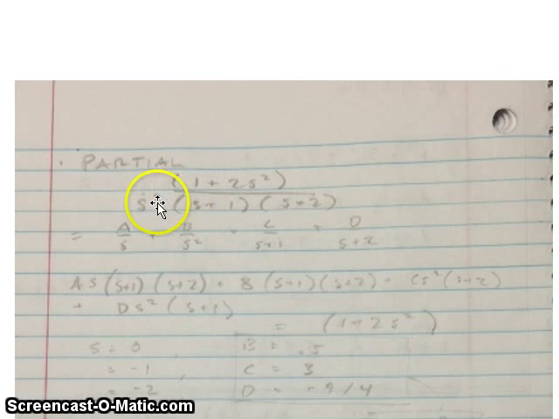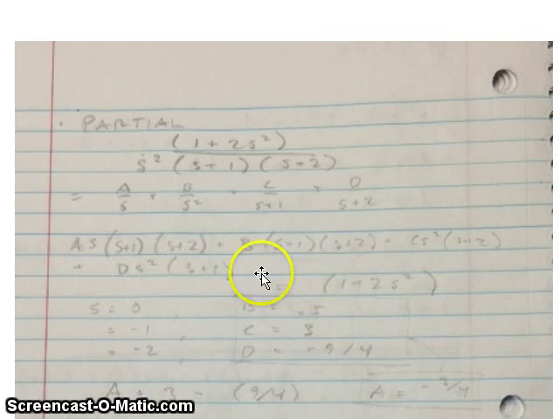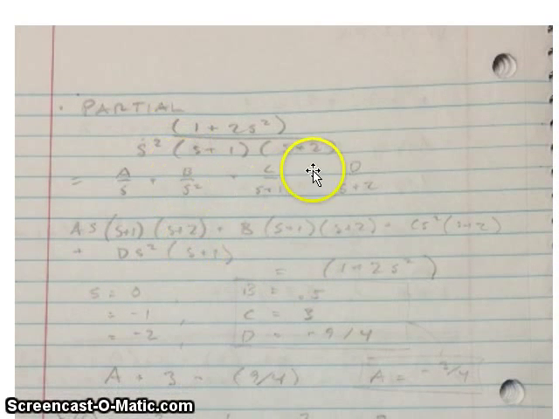So we take all of these individual pieces that we've split apart. We can assign 4 different variables to these. So we have a over s plus b over s squared, and then plus c over s plus 1, and plus d over s plus 2. And then it gets a little messy here, but to get this all on one side, multiply the variables by each other, essentially, or what's on the denominator.